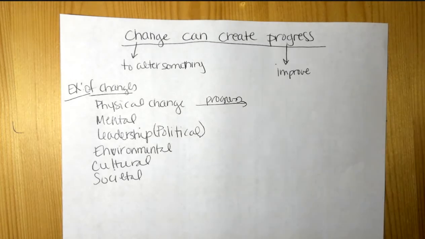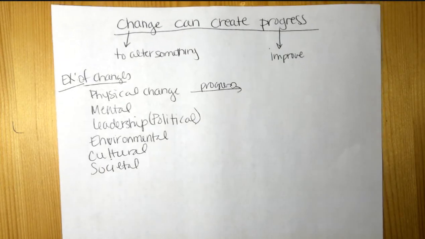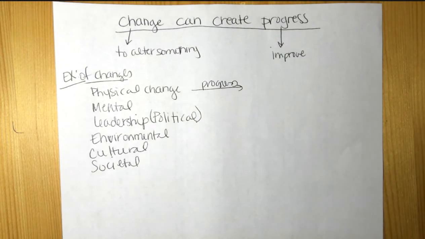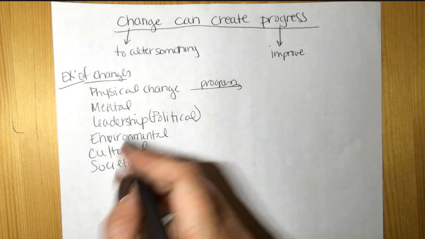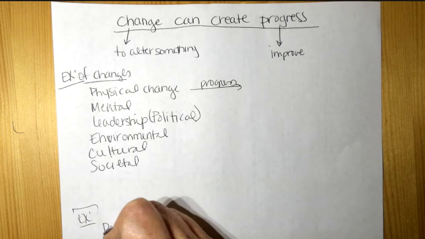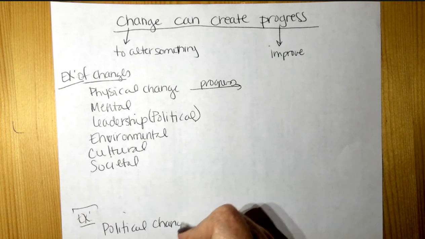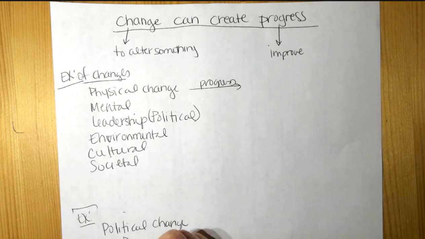So, let's think of examples in history where some kind of change has occurred. Okay, so what kind of change are we making there with an American Revolution? Okay, so we could have political change. And our proof would be the American Revolution.